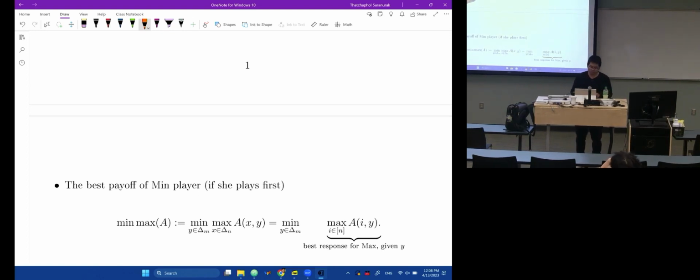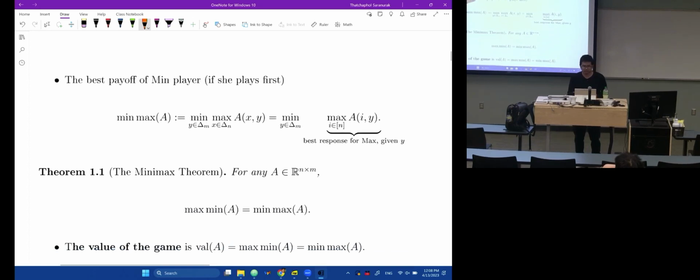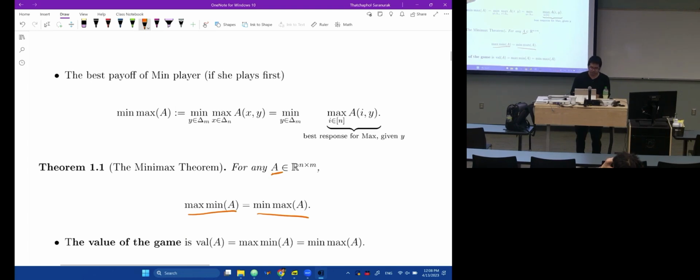And last time, we saw the minimax theorem, which says that for any matrix A, min max and max min are the same. And we will use that, because they are the same, we can define one number associated with any game, and we will call it the value of the game.